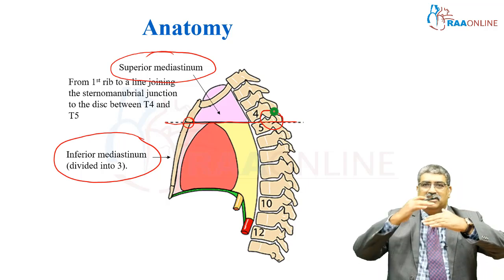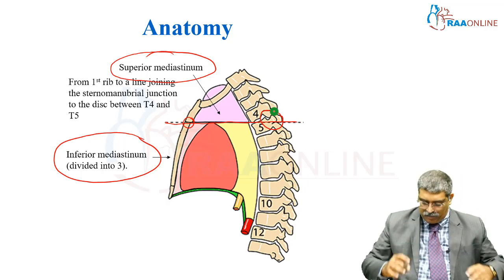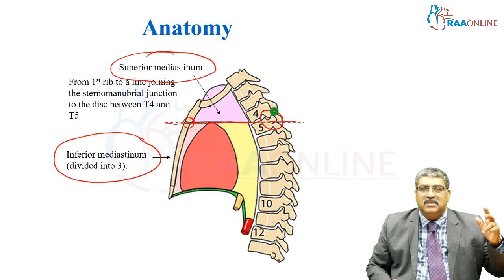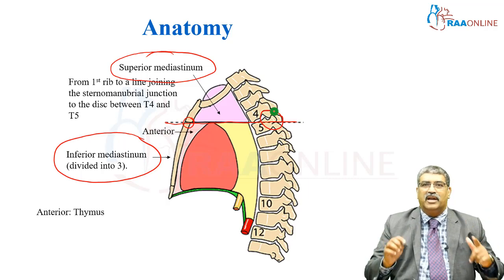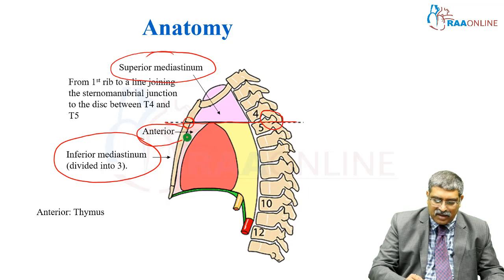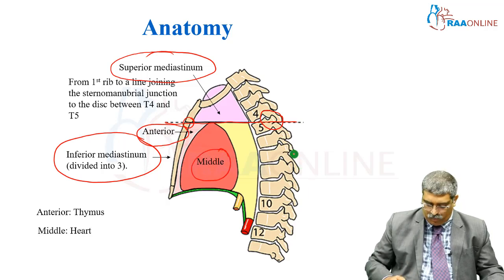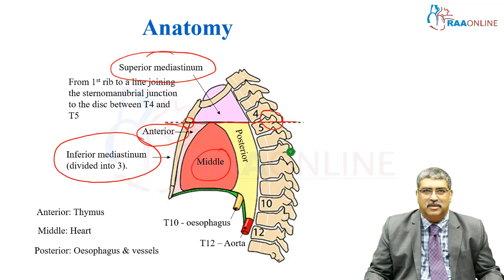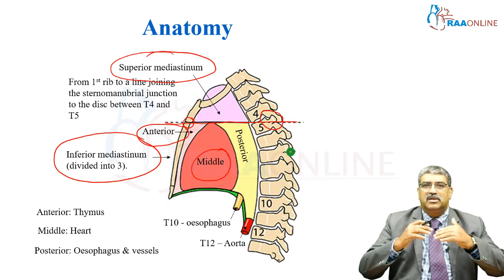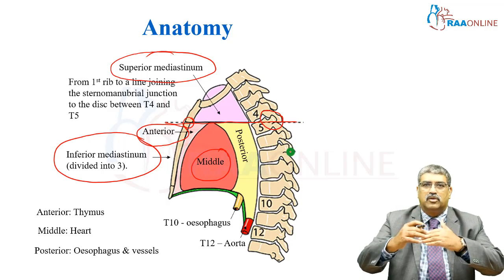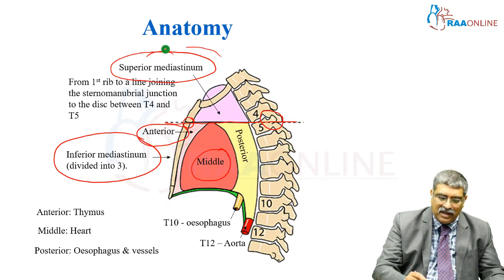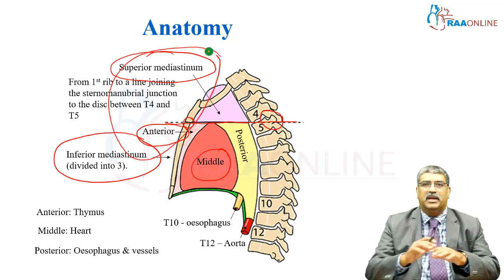This is the line which divides superior and inferior mediastinum. And this inferior mediastinum is divided into anterior mediastinum, middle mediastinum and the posterior mediastinum. Usually, some books never mention the superior mediastinum. It is actually the anterosuperior mediastinum.